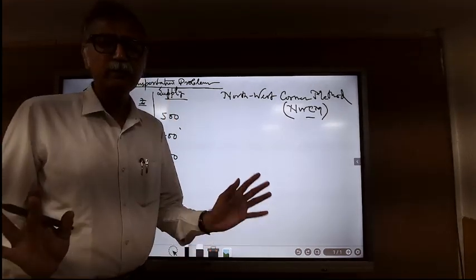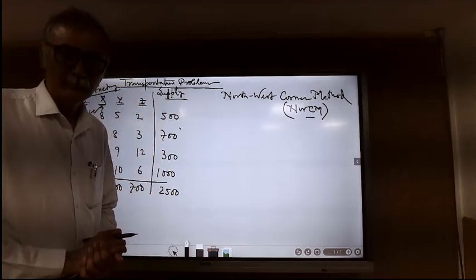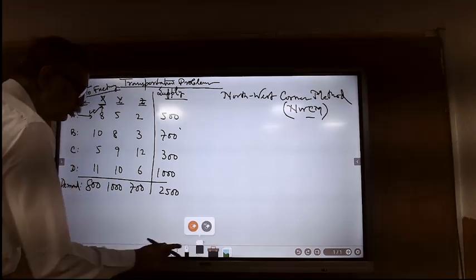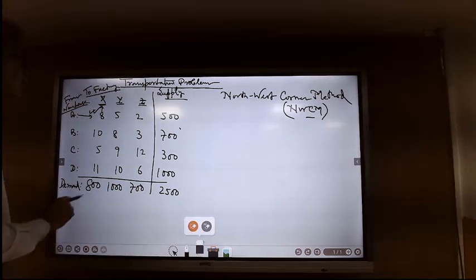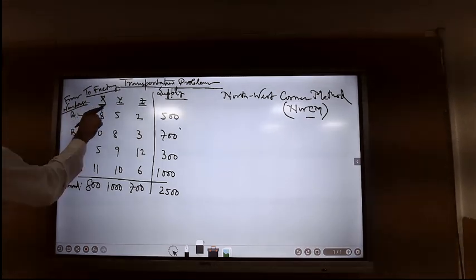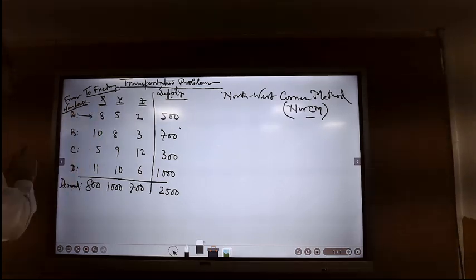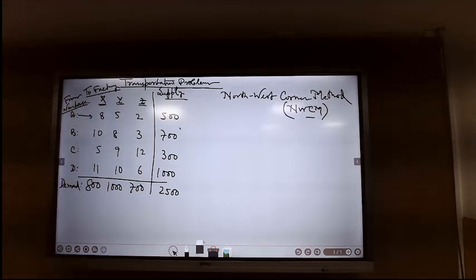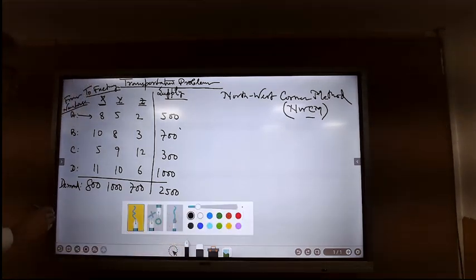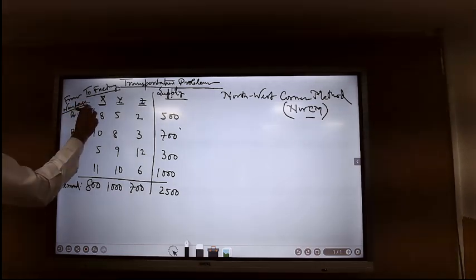After that it is completely exhausted. So how much to allocate? We have to allocate 500 units only.